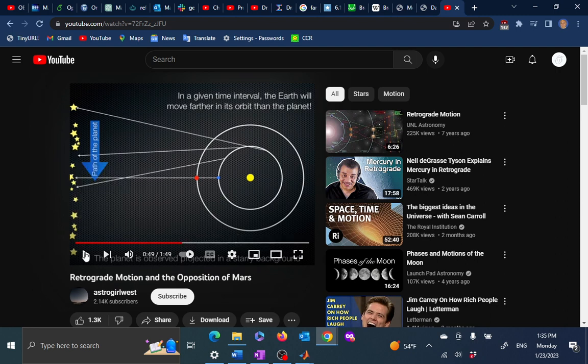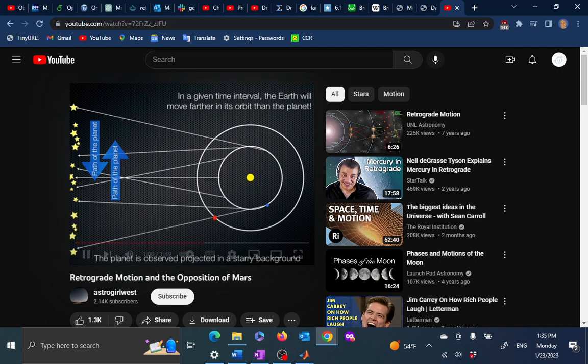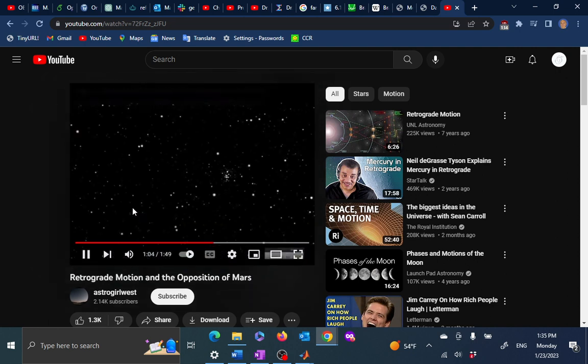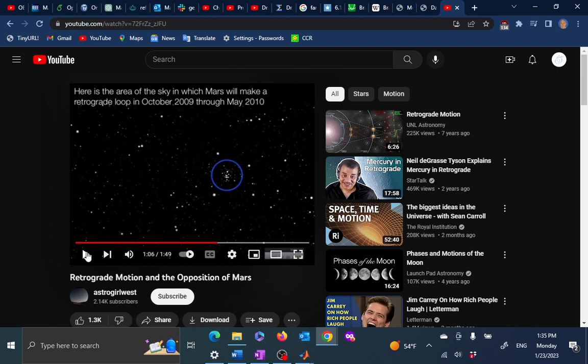So that created a lot of headache for ancient astronomers to explain how does this thing go backward, and then it starts to have a regular motion after that. So if you're interested in astronomy, this is something that you want to look at. Very interesting phenomena called retrograde motion.